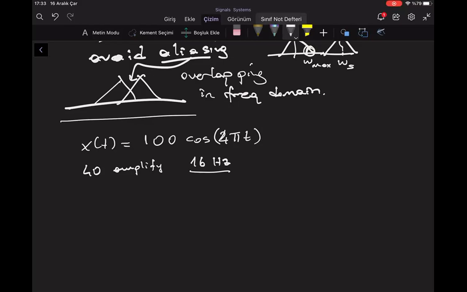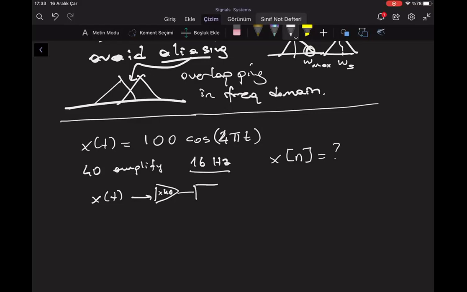Şimdi, if I want you to plot x of n right now, how do you plot x of n? x of n is x of t goes and is amplified by 40. Then there is a kind of sampling, and then conversion from continuous time to discrete time. And then I will have x of n.